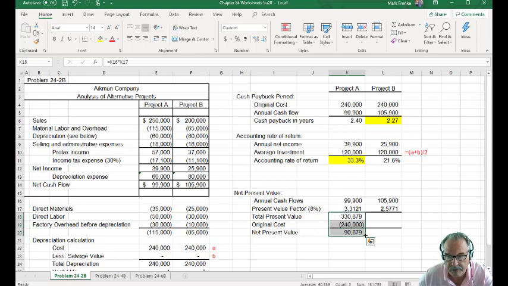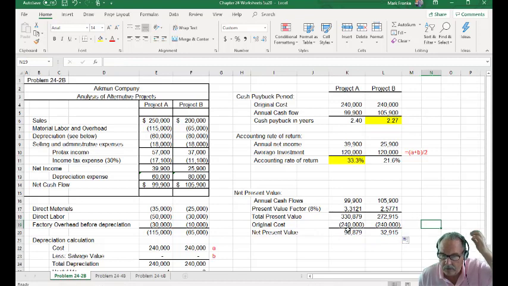And if I use my drag tool, in this case, project A has a much higher net present value. So in this case, 2 of the 3 measurements favor project A. We would adopt project A as being the better project.